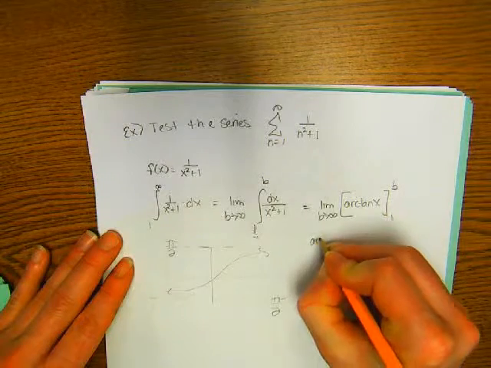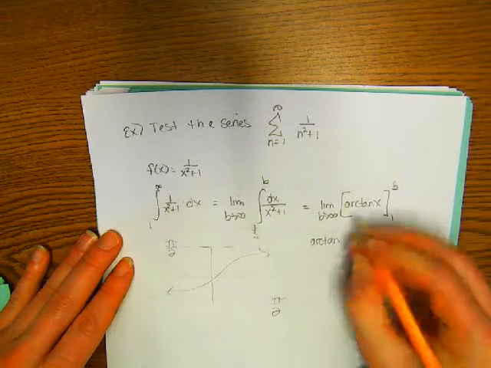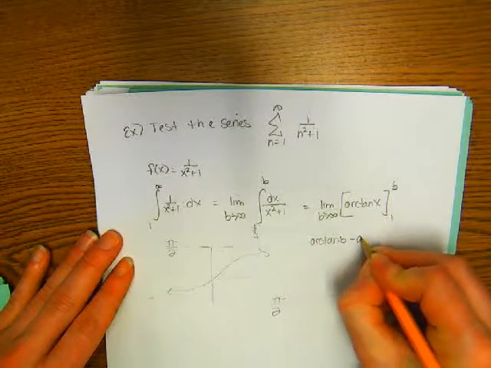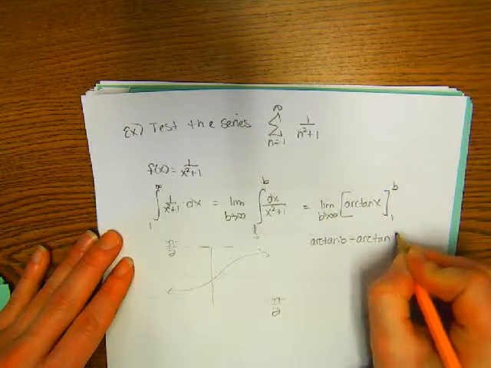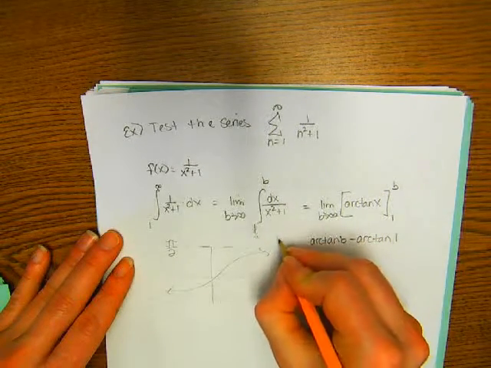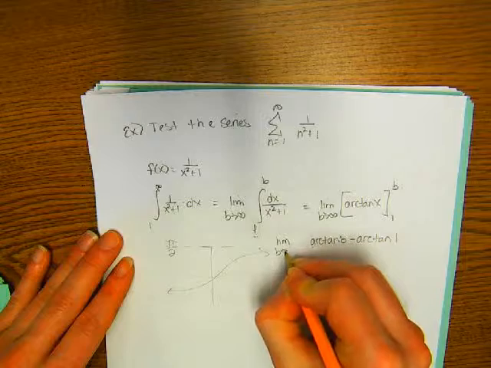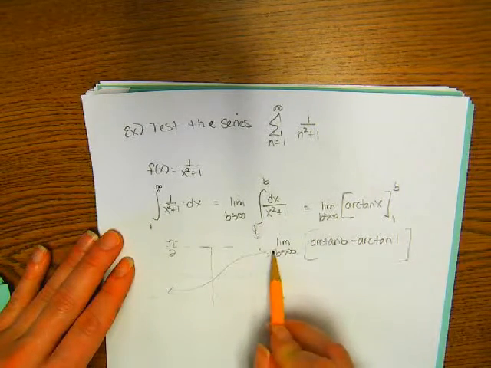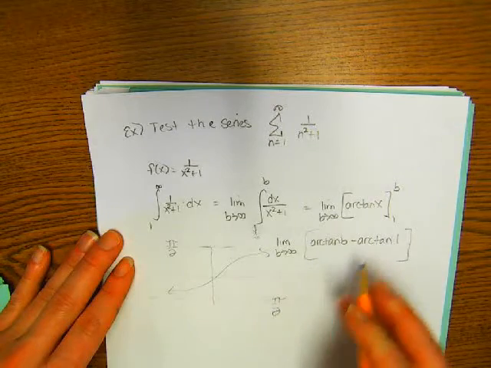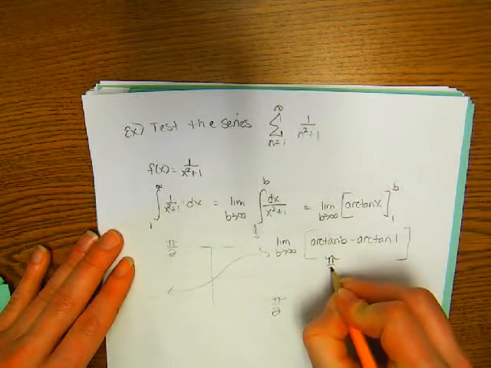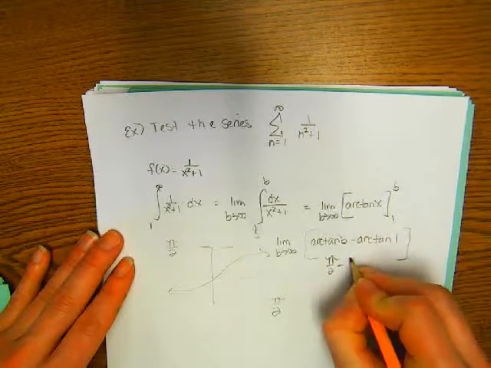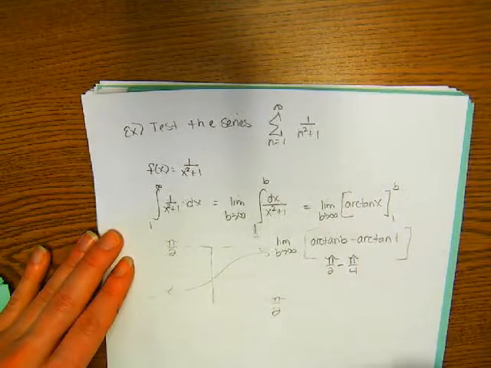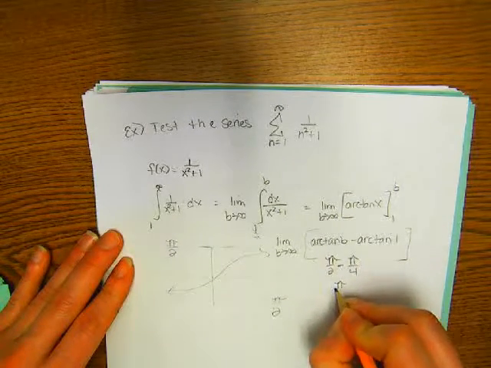So I evaluate this. This is arctan of b minus arctan of 1. As I said, this is the limit as b goes to infinity. I can't put infinity in there, but as it approaches infinity, the limit does become pi halves. And the arctangent of 1 is pi fourths. Pi halves minus pi fourths is pi fourths.